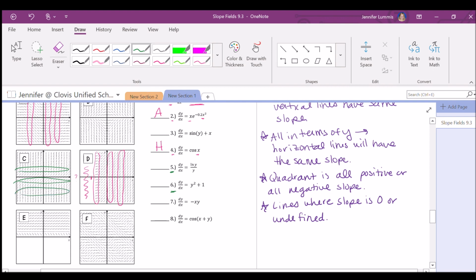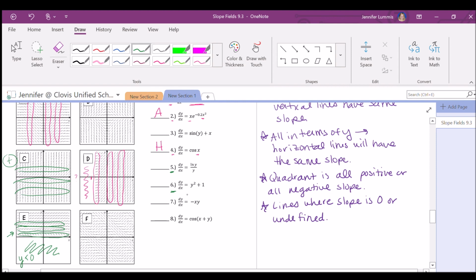Those are all the same. I also notice all of these slopes are positive. They're all positive. On E, I notice same thing. And then they switch right here. They suddenly become negative, and then they don't exist for any negative values for y.